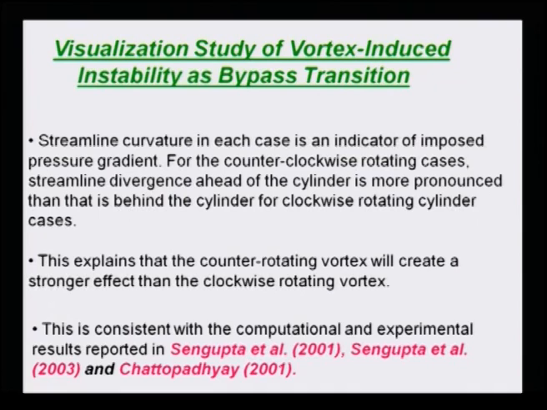For the counterclockwise case, your streamline divergence is ahead of the cylinder and it is also more pronounced than that is behind the cylinder for clockwise rotating case, right. This is what we emphasized just now. This explains why counterclockwise rotating vortex will create a stronger effect as compared to clockwise rotating. This we actually did a lot of computations and experiments.